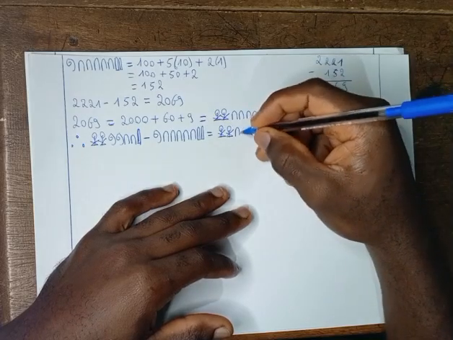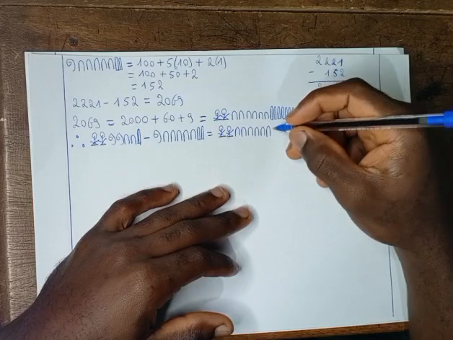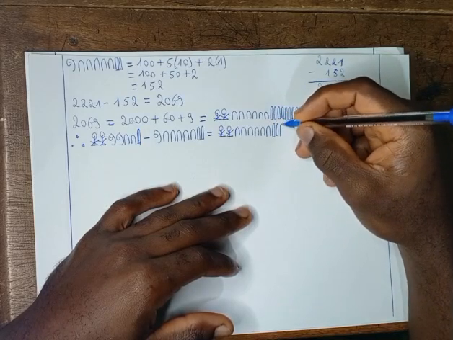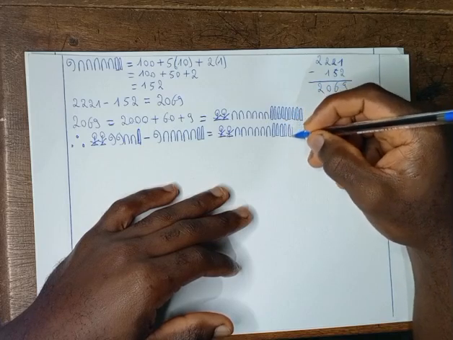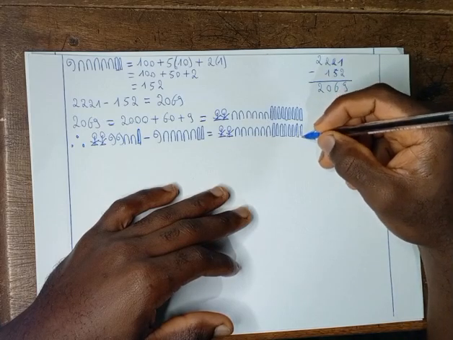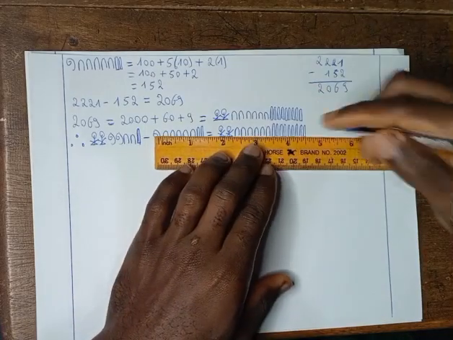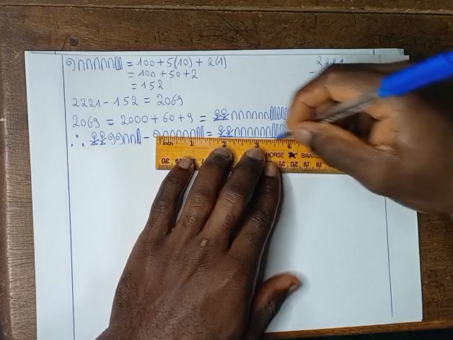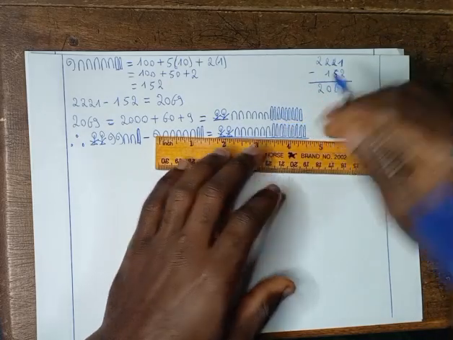We have 6 elbows, and 9 straight fingers. 1, 2, 3, 4, 5, 6, 7, 8, 9. We underline our answer.